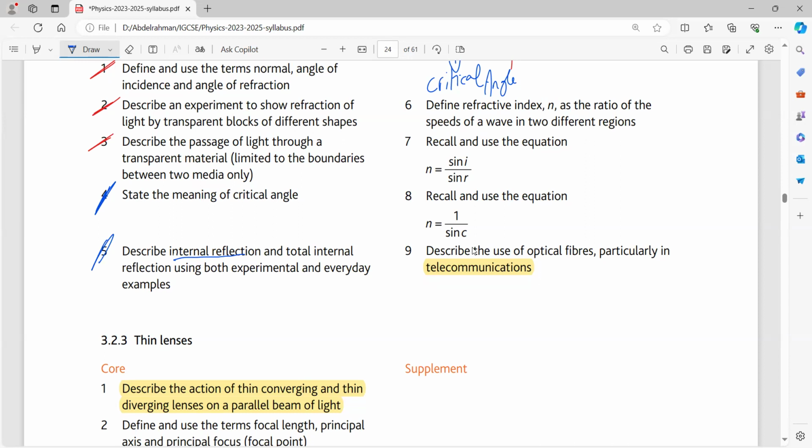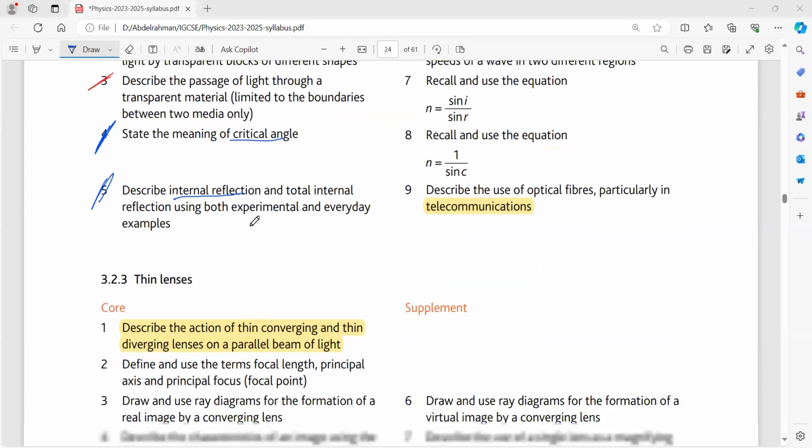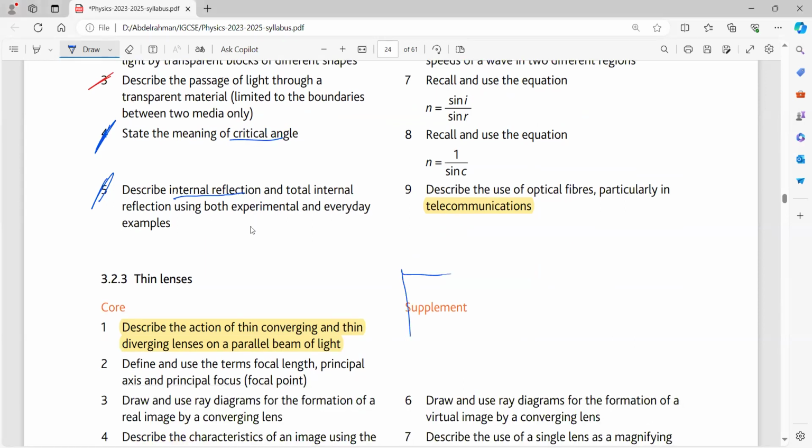Again, if the angle of incidence increases above the critical angle, it doesn't have to be 42, it could be 43, whatever. If it increases above this critical angle, what will happen? Total internal reflection.